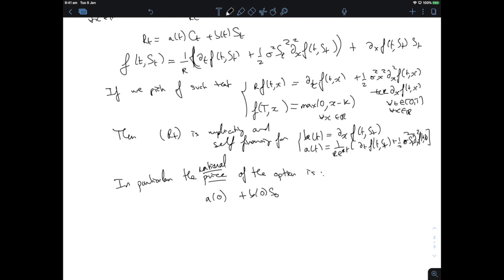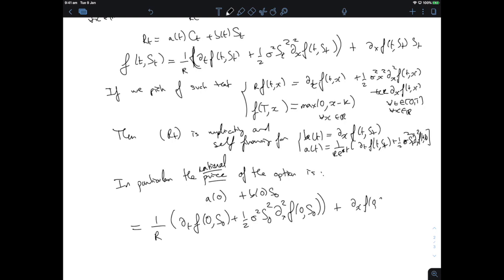And I have a formula for all of that. So this is equal to 1 upon R times dt F0 S0 plus 1/2 sigma squared S0 squared dx squared F0 S0 plus dx F0 S0 times S0.